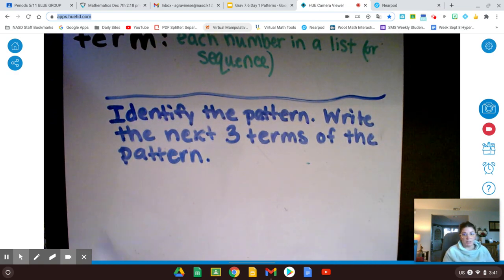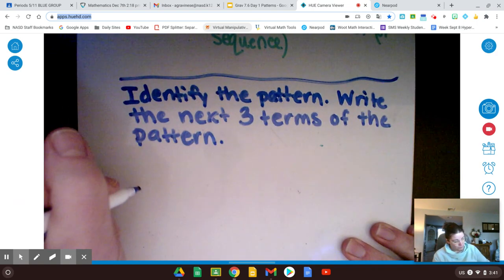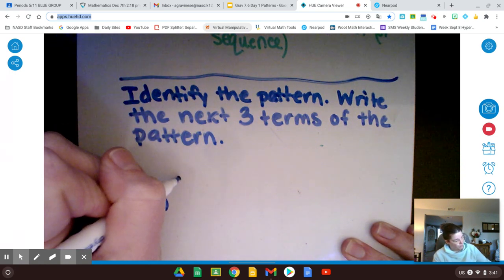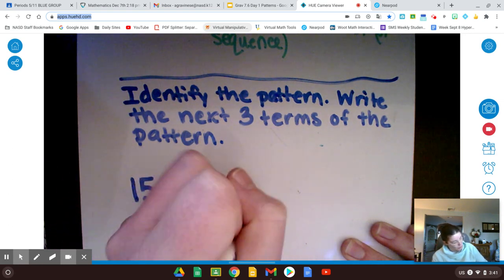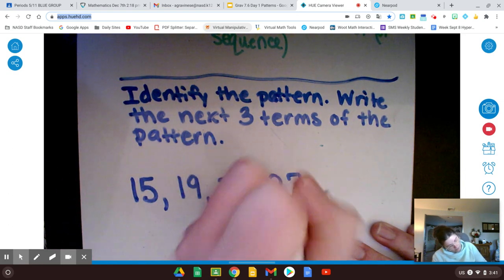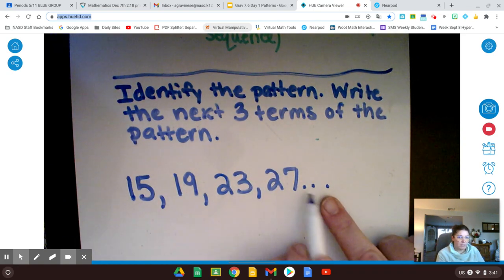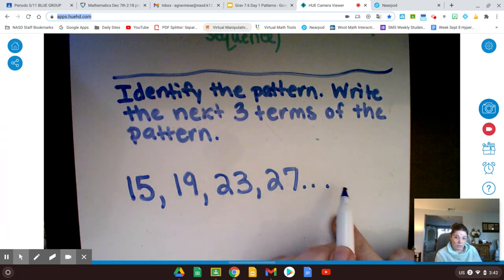We have two things: identifying the pattern and then writing out the next three terms. So for our first example, we have the sequence 15, 19, 23, 27, and so on. So these dots indicate that this pattern or sequence continues.